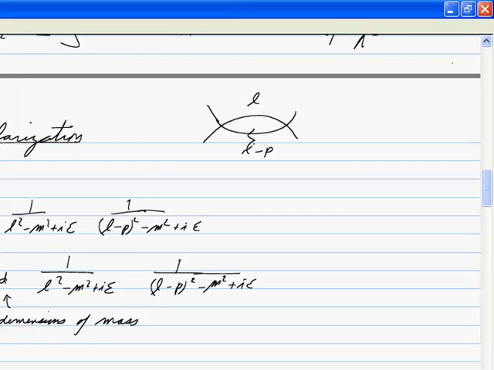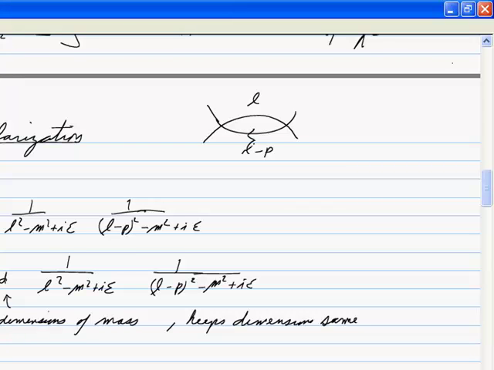Now this is still dimensionless. L carries dimensions of mass, so now it's only mass to the d here. This gives you a mass to the 4 minus d. It adds up to mass to the 4, cancels the mass to the 4 that's down there, so it keeps the dimensions the same. μ had better also disappear. It's arbitrary. It had better disappear at the end of the day.